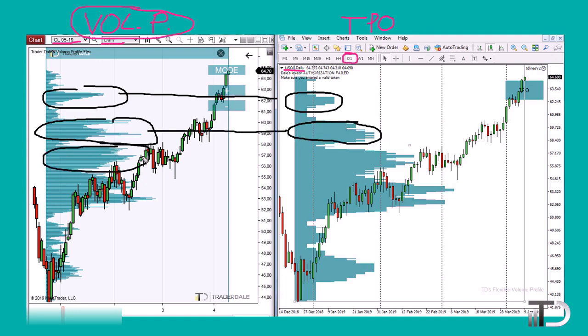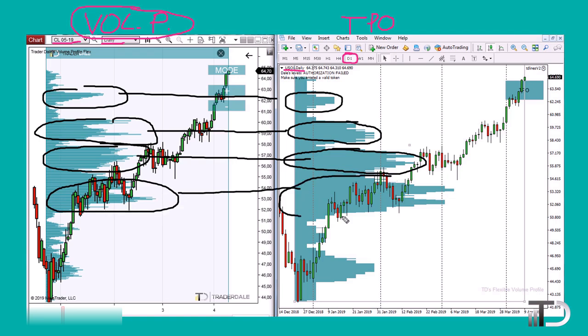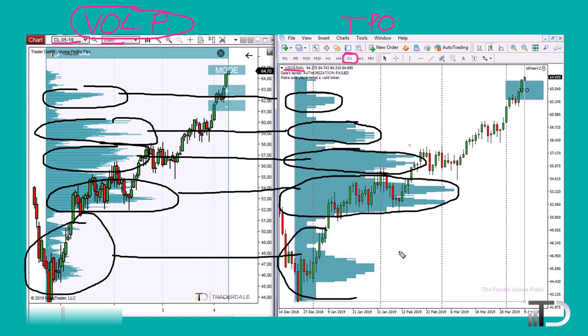As you can see, the detail is much better in the left picture, which is NinjaTrader using actual volumes, than in the right picture, which is MetaTrader using the TPO. Alright, so this is why I prefer using NinjaTrader to MetaTrader, both for intraday trading and also for swing trading analysis.